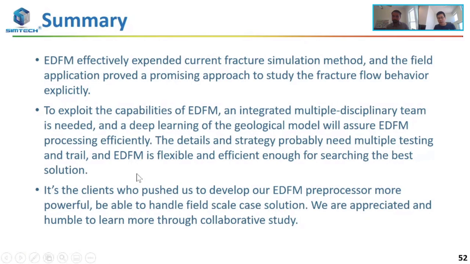And to be honest, it's our clients who pushed us to develop EDFM more and more powerful. Two years ago, we never thought about handling 10,000 fractures. But now we can handle many scale fractures. So we are really appreciative and humbled to learn more from our clients.